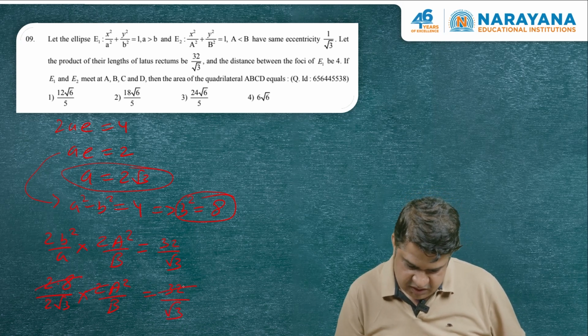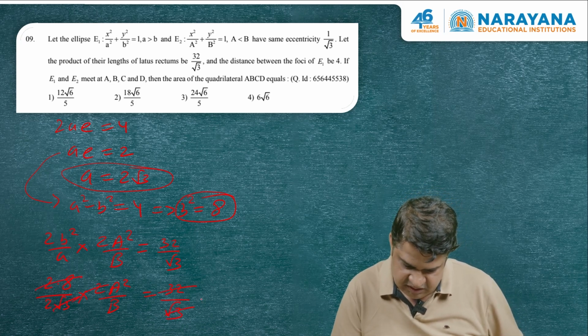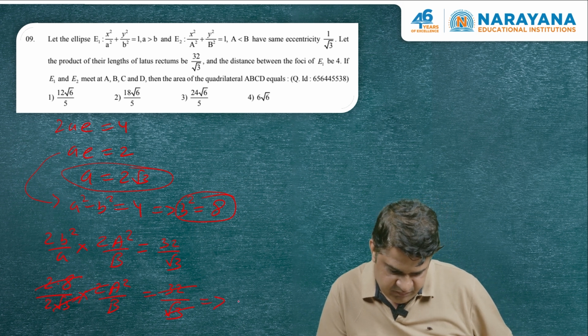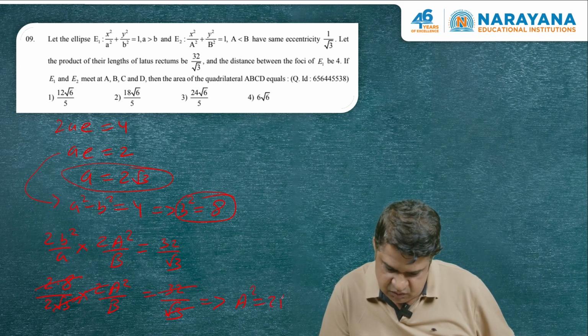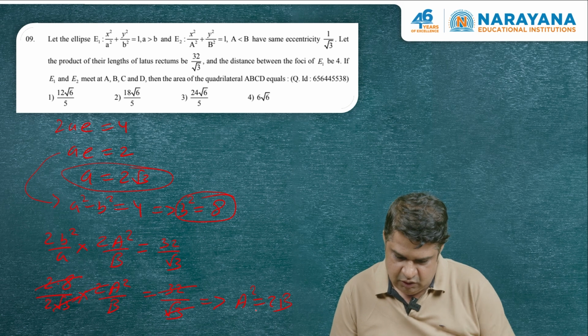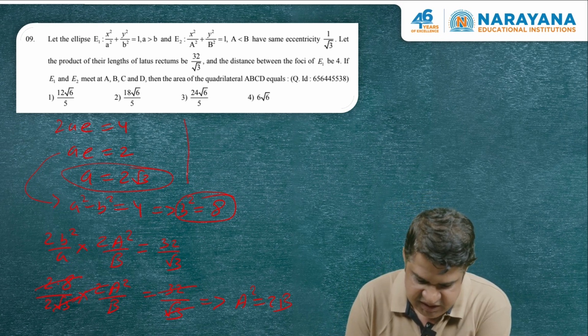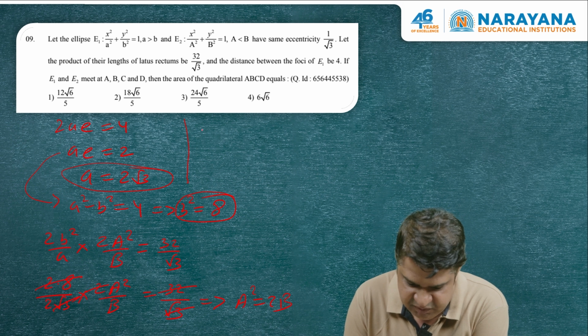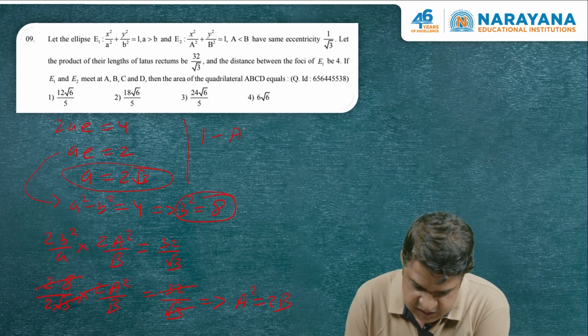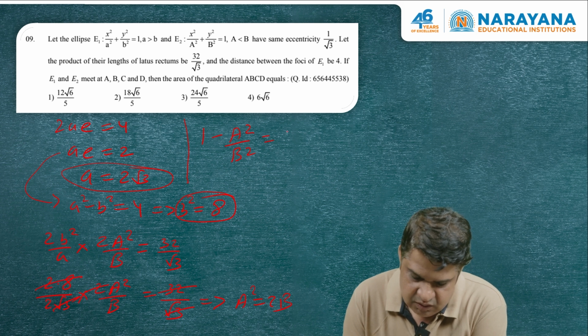So, 32 cancels, root 3 cancels. So, what are we getting? We are getting A squared equal to 2B. Now, A squared equal to 2B, and because we know that eccentricity of the second ellipse is basically 1 minus A squared by B squared, which is given 1 by root 3.